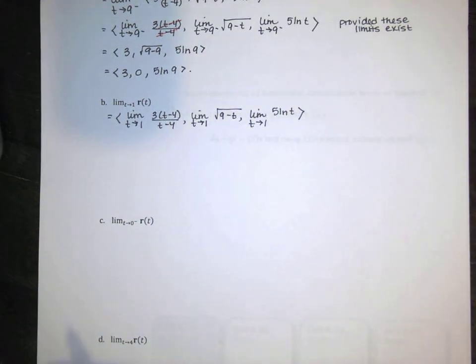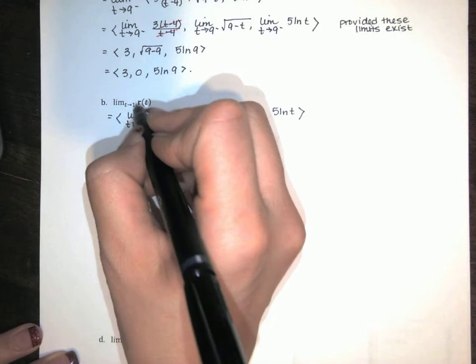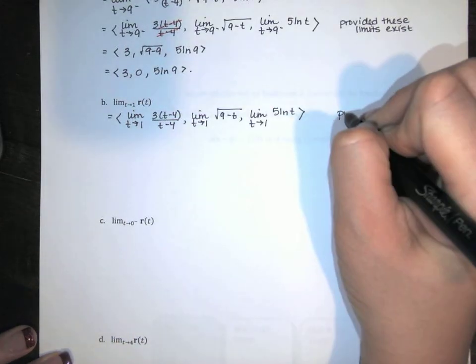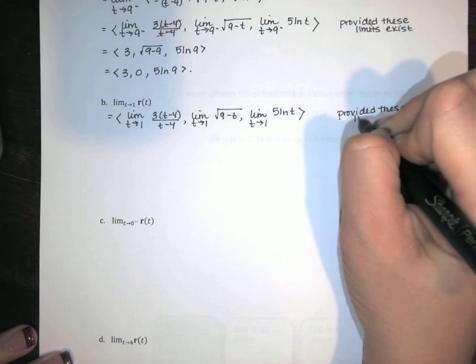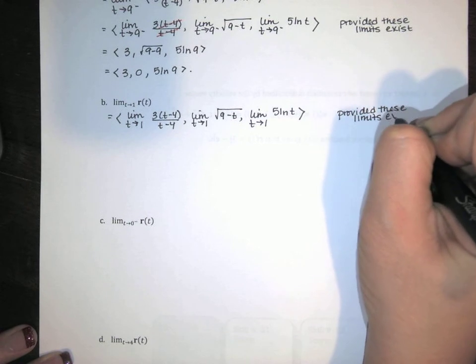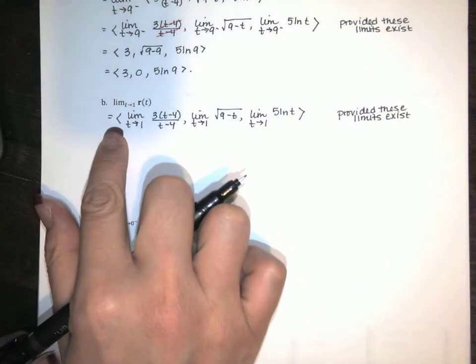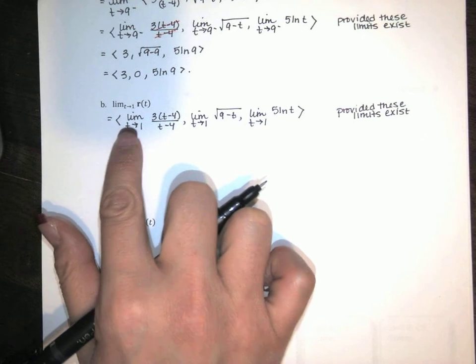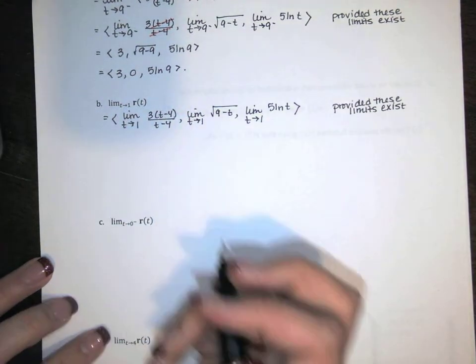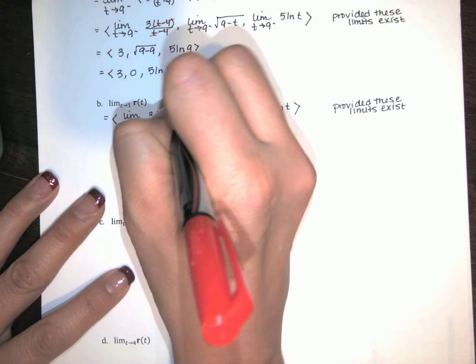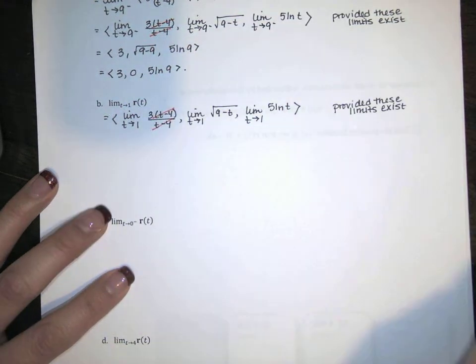How do I know? Because I can plug in 1 to all of those, and I get out an answer that makes sense. So this is equal to this, again, provided those limits exist. We're making an assumption when we write that equals sign. We're saying this equals this, and these exist. Or if these exist, they're equal. And the t minus 4 is still reduced.